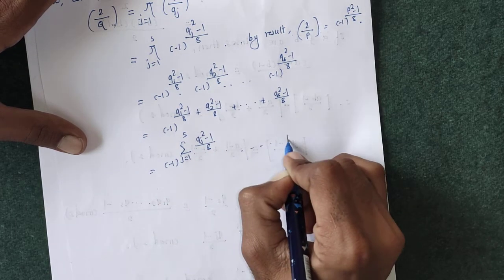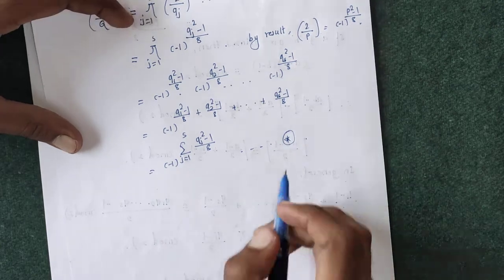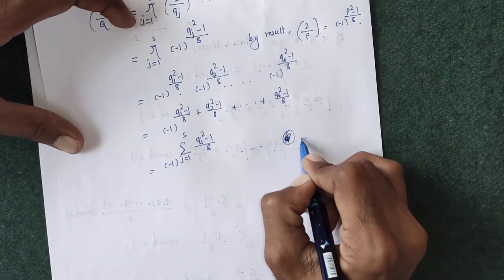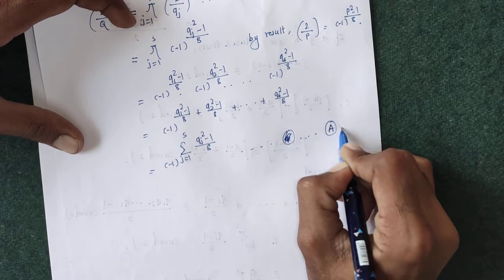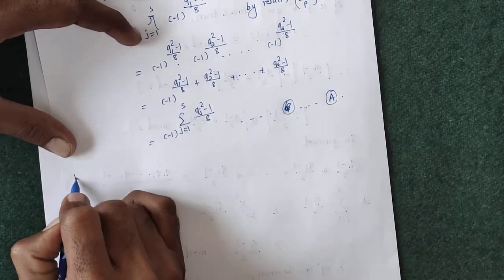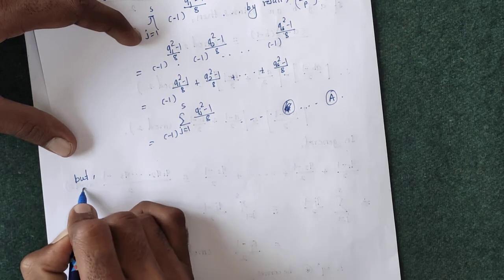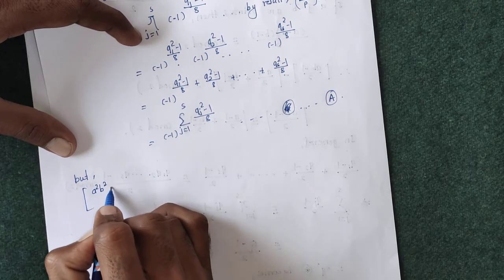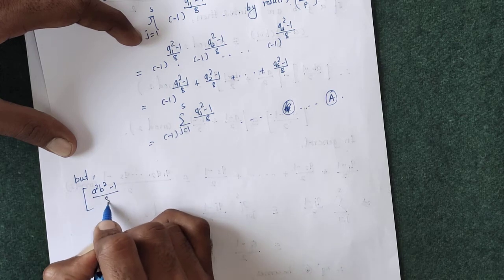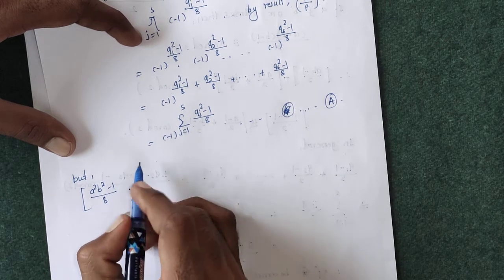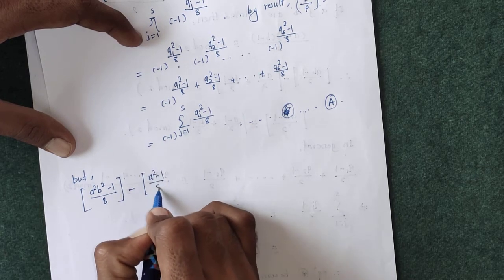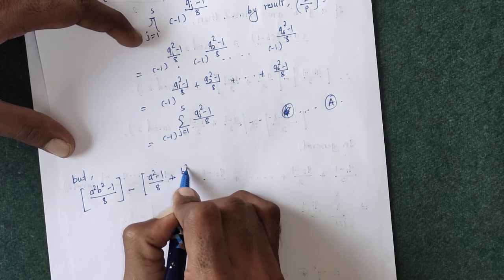Similarly, from the previous proof, we are going to suppose this equation star is used in this proof. So, suppose this equation is capital A. But again we are going to consider this result: a square b square minus 1 by 8 minus a square minus 1 by 8 plus b square minus 1 by 8.